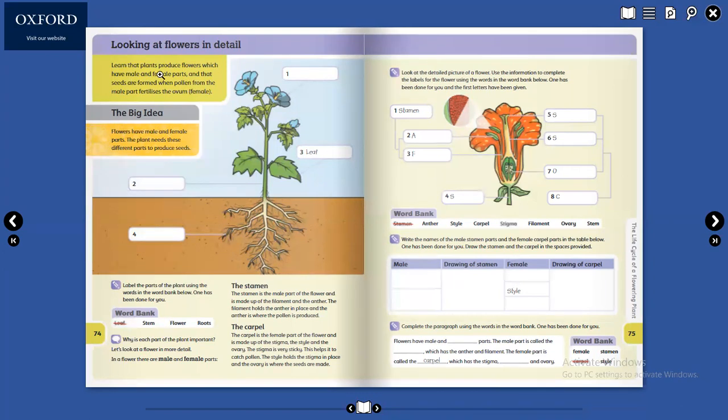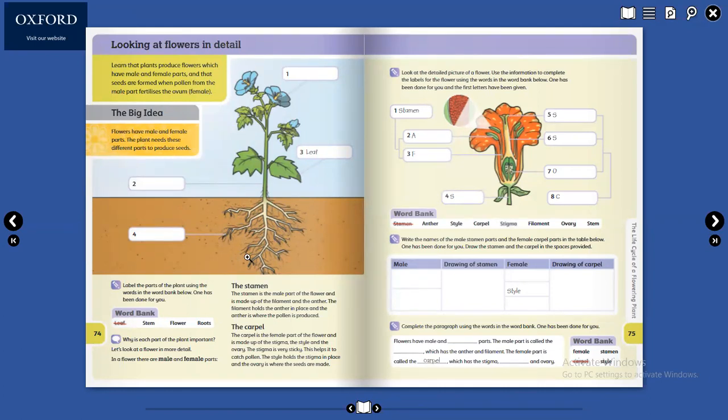Learn that plants produce flowers which have male and female parts, and that seeds are formed when pollen from the male parts fertilizes the ovum, which is female. The big idea is flowers have male and female parts. The plants need these different parts to produce seed.